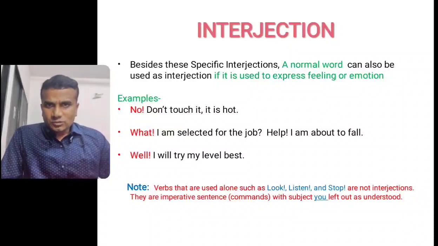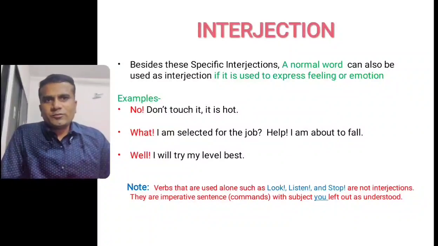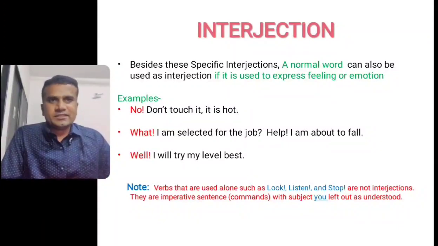There is again a note which is on the screen too. Verbs that are used alone, such as look, you will see that there is an exclamatory mark after look, then listen and stop. These are not interjections. What we have to remember is that they are imperative sentences. They are just commands.